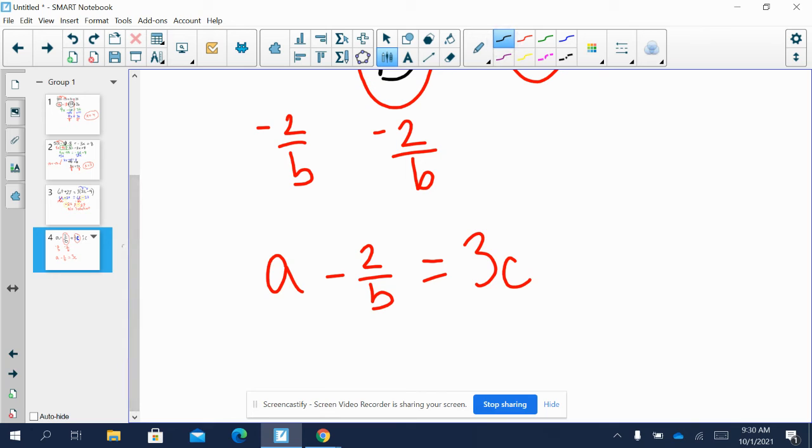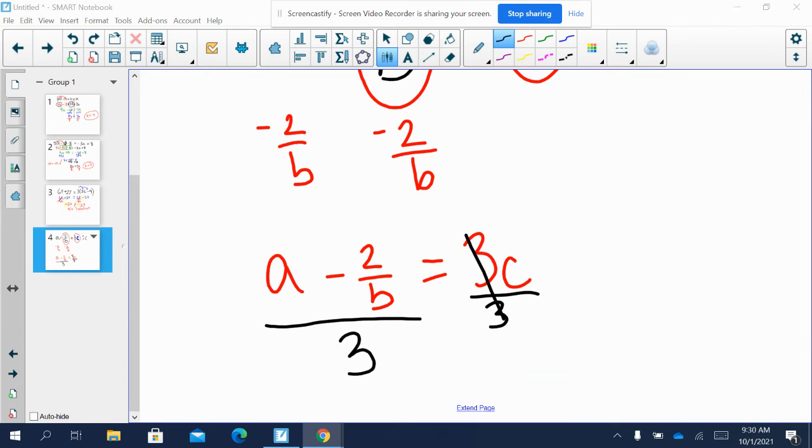Now, in order to get this 3 away from the C, I need to divide by 3. But when you multiply or divide something, it divides everything. So it divides the A, it divides the 2 over B, right? It divides everything.